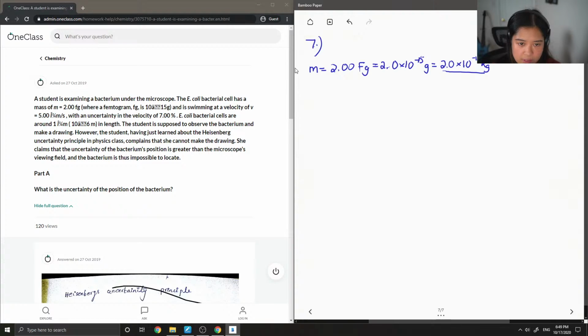They also give us the velocity, which is 5.00. I think it's supposed to be micrometers per second, but then I'm gonna convert that to meters per second.